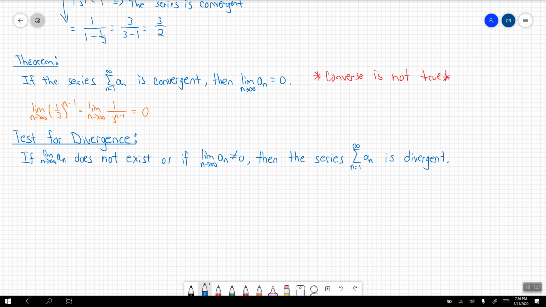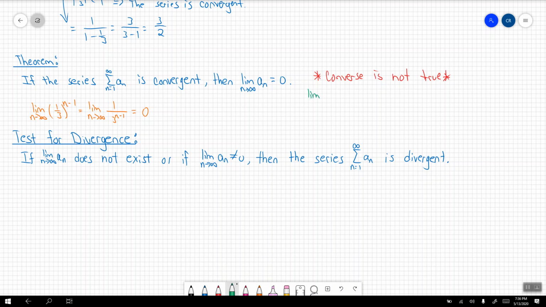We have to be careful when we're looking at series, because some series can be deceitful, and we have to be very, very observant. The one example that I want to show you for why the converse is not true is this. What is the limit? Actually, I'll do this in a different color because I want to save that red for something else.